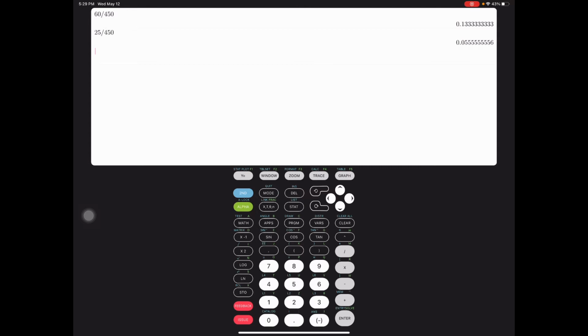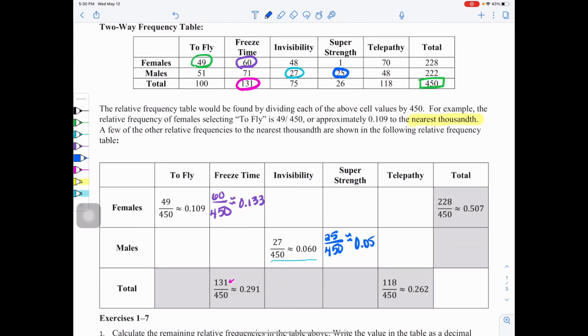So they round up at that very last interval. But again, we're going to the nearest third decimal place, nearest thousandth. So the 5 next to it is going to make that bump up. So we would have approximately 0.056.